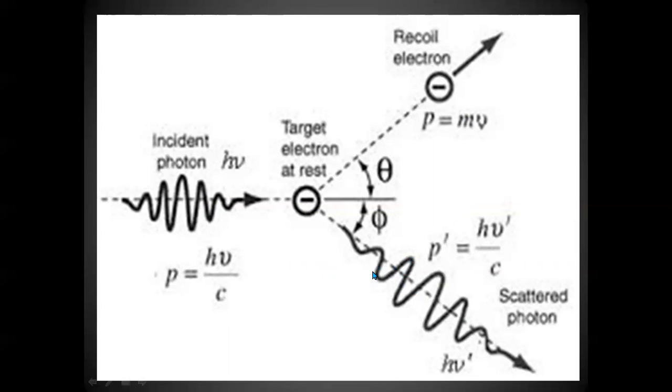So there is a shift in lambda. Lambda is less here than lambda dash. Therefore, here momentum is given by h nu by c, and here p dash, that is the momentum of the scattered photon, is given by h nu dash by c.